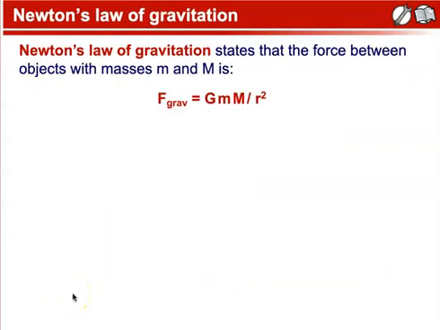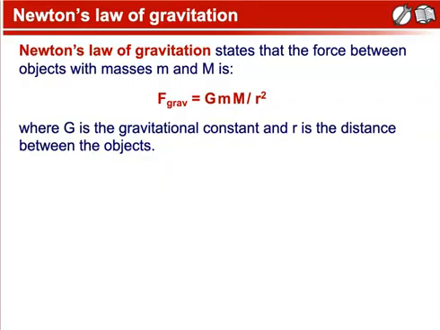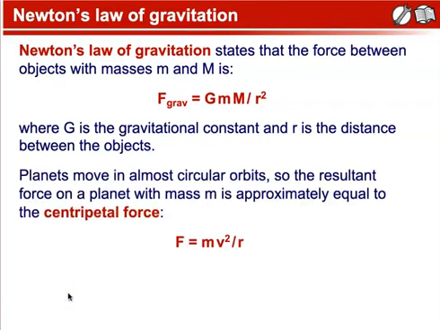Newton's law of gravitation. Newton's law of gravitation states that the force between objects with masses m1 and m2 is F equals G m1 m2 divided by r squared, where G is the gravitational constant and r is the distance between the objects. Planets move in almost circular orbits, so the resultant force on the planet with mass m is approximately equal to the centripetal force.